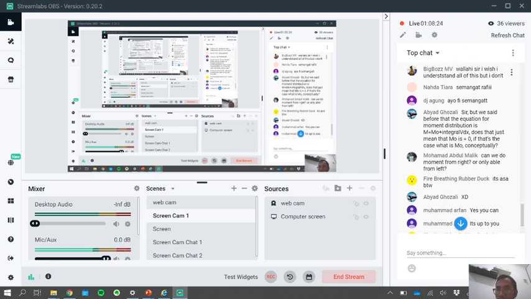Sir, but we said before that the equation for moment distribution is m equal to m0 plus integral v dx. Does that just mean m0 here is 0? That's okay. So basically, there are several ways to solve it. The equation that I told you just now, we can try to analyze it after we know one of the equations.